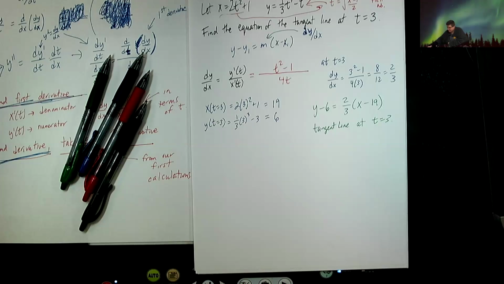I need parentheses there. And then do y equals 1/3 t cubed. That is clearly not doing it. Show you what I got going on.